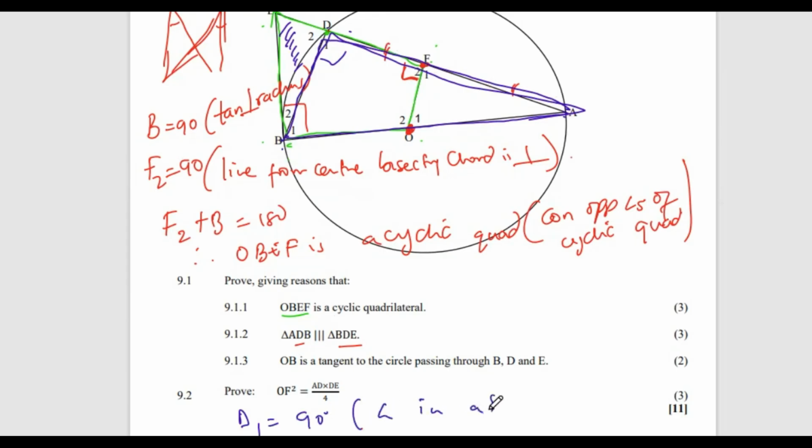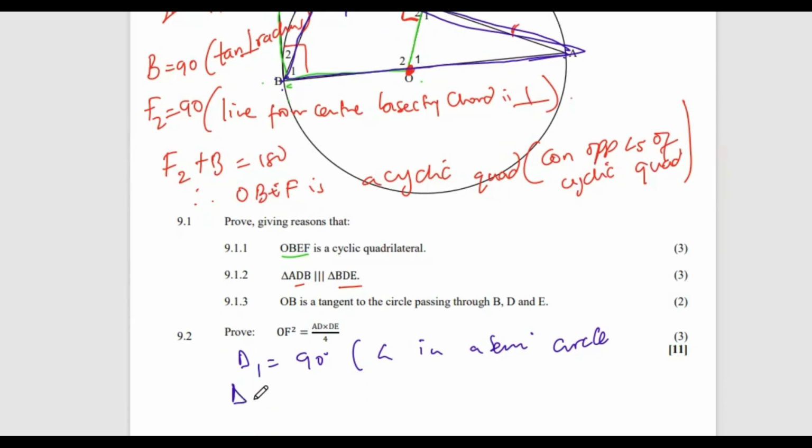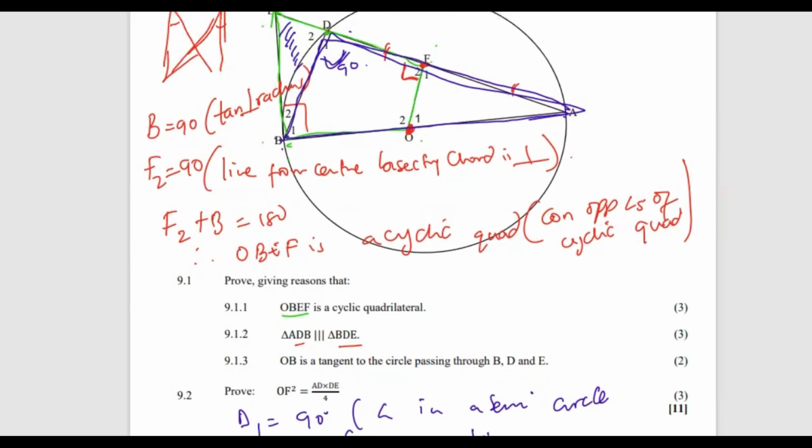Angle in a semicircle. Because this is a diameter, the angle opposite the diameter must always be 90. That's a 90, which means D2 is also 90, angles on a line. Therefore, D1 is the same as D2. All right, so that is fact number 1.